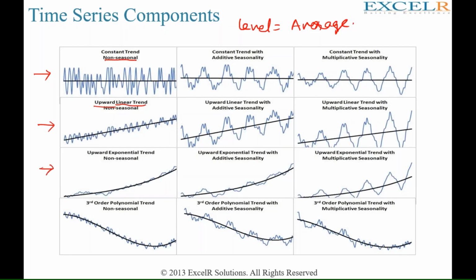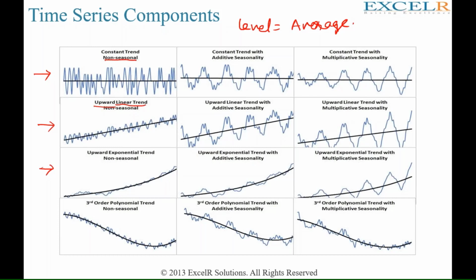Now, if you look at the third plot, there is an upward trend, but it is slightly exponential. So we have an exponential upward trend, but do we see any seasonality in the data? No. Seasonality means there has to be an up-down curve at regular intervals.